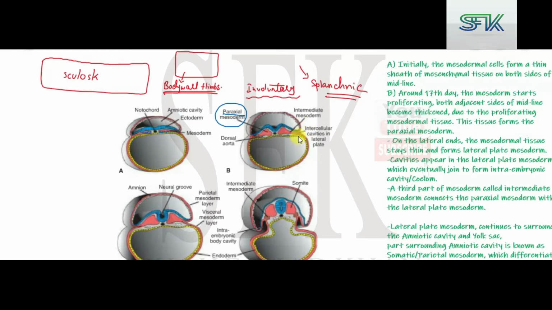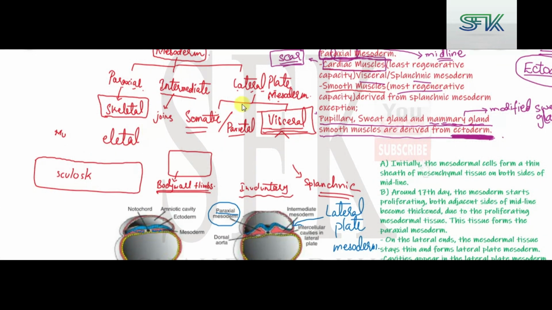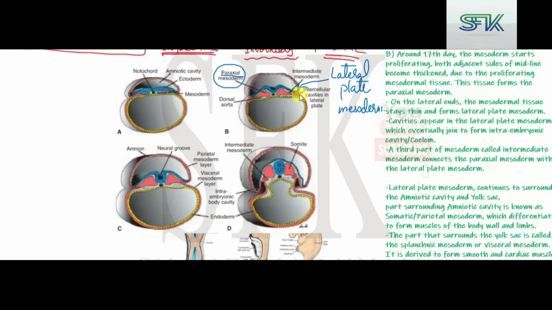This thin mesoderm on the lateral sides is known as the lateral plate mesoderm. We did this subtype right over here, the lateral plate mesoderm. The lateral plate mesoderm is present on the lateral sides of the embryo.